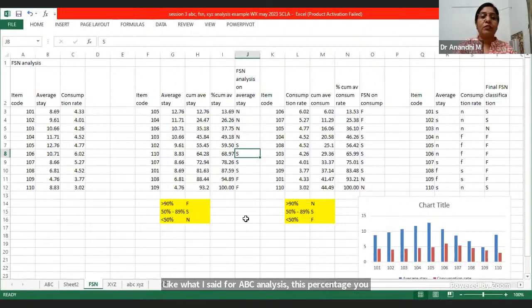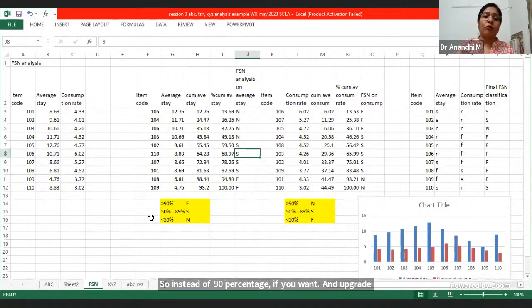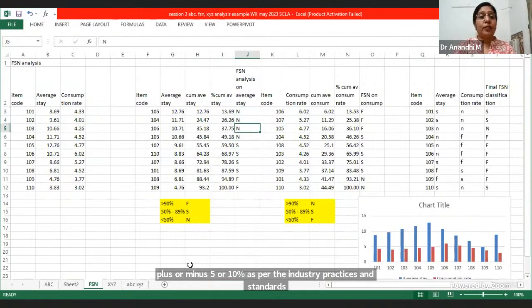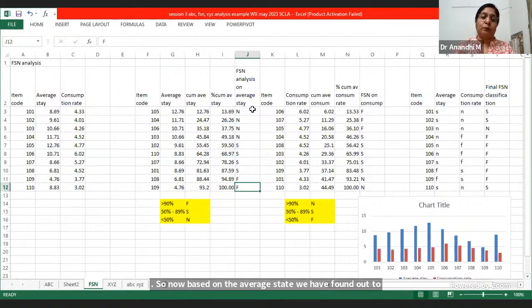Instead of 90 percentage, if you want to upgrade that category to 95 percentage, you can expand this category up to 95 percentage, and the category below that is up to you. You can do it, plus or minus 5 or 10% as per the industry practices and standards. This range can be extended or contracted. Now, based on the average stay, we have found out to which category that product belongs.